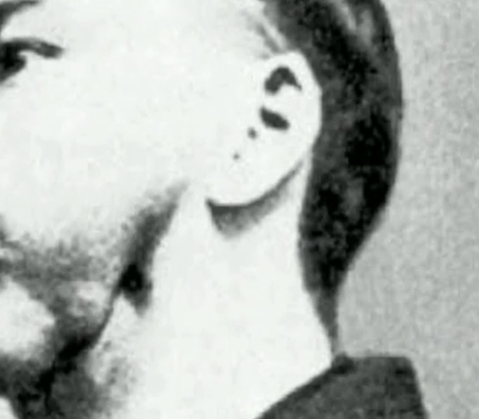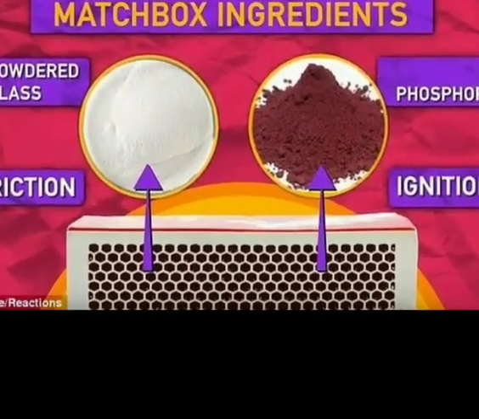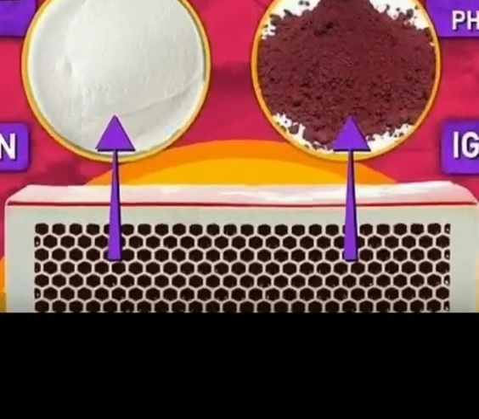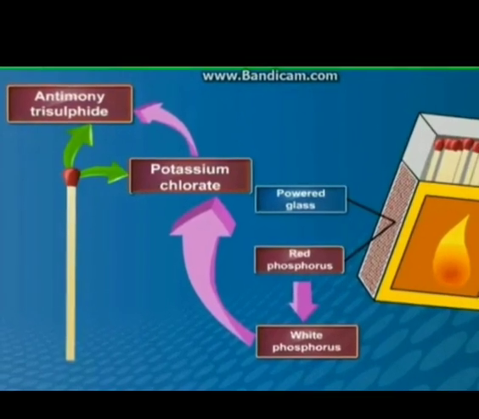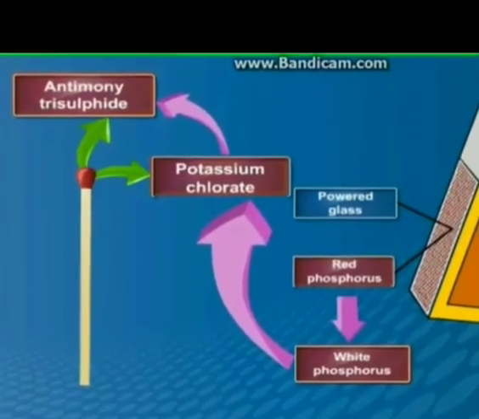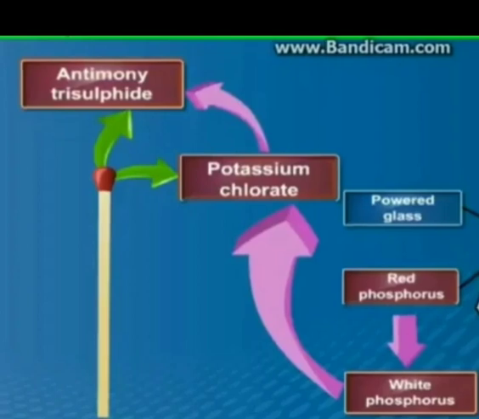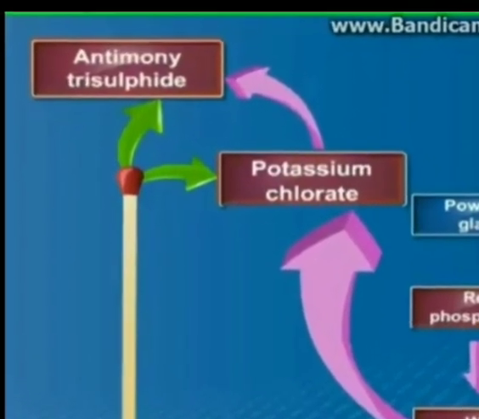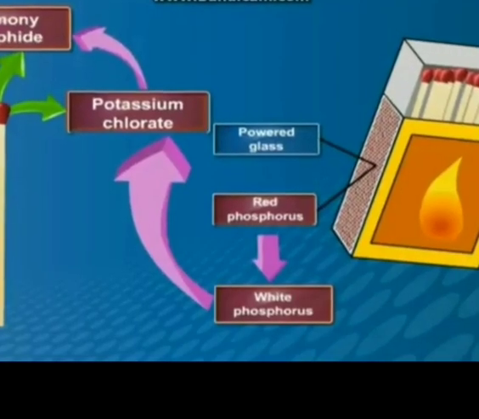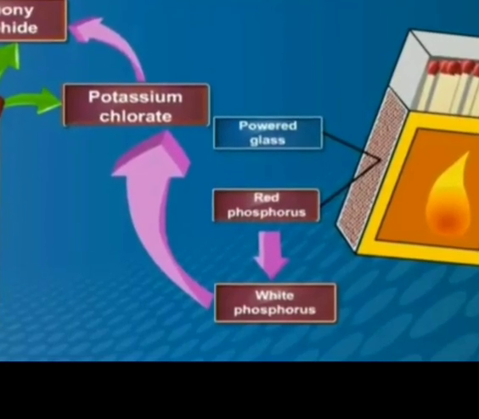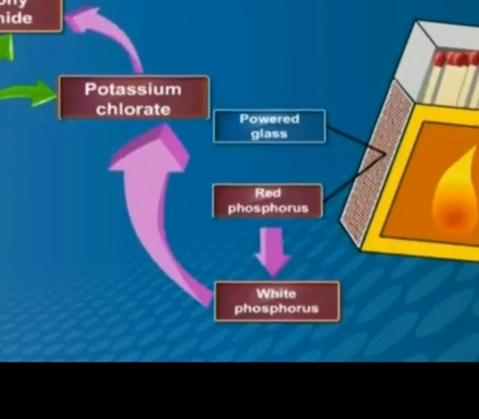After this historical perspective, I would like to ask you one question: what is the chemical reaction behind it when the matchstick is rubbed over the matchbox and starts burning? We all know that nowadays black phosphorus is generally applied over the heads of the matchsticks, and the matchbox is provided with red phosphorus along with a mixture of glass powder on its sides.